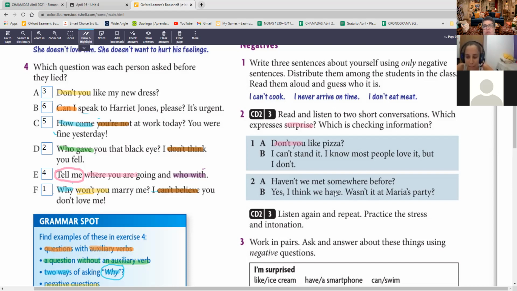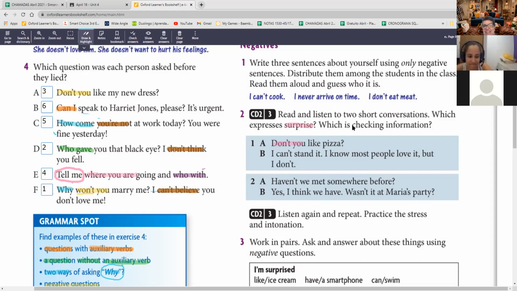So, the next one here. Haven't we met somewhere before? Hmm, I think I know you. You look familiar. So, haven't we met somewhere before? Again, I start the question with a negative auxiliary. But the idea here is not surprise anymore. What is the idea? Check information.